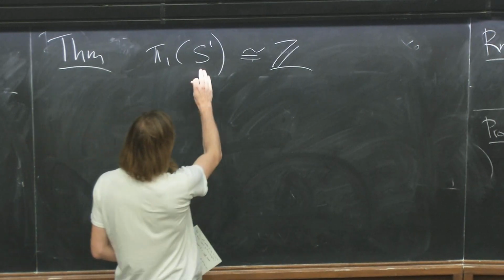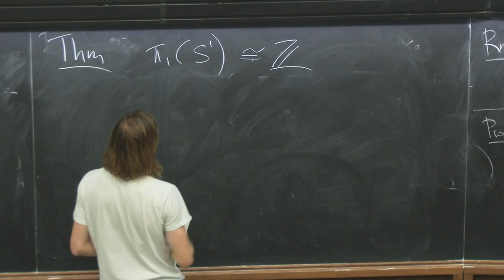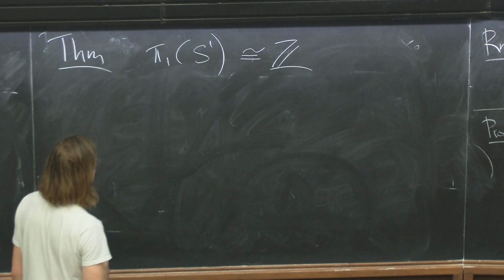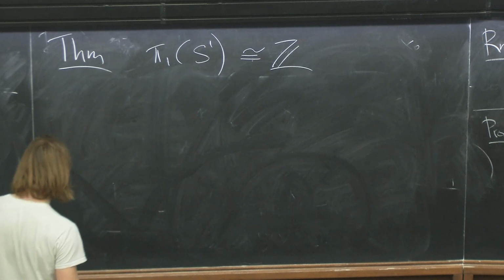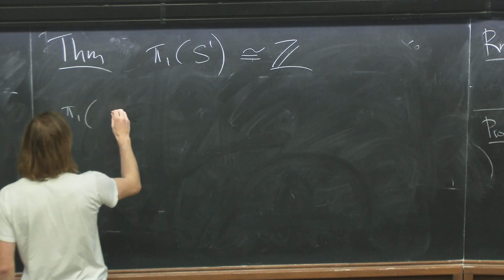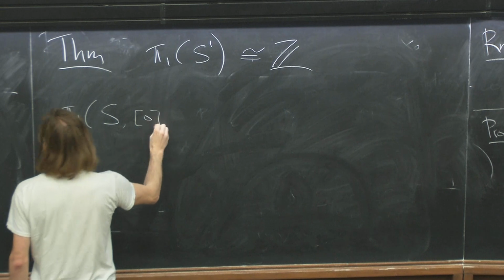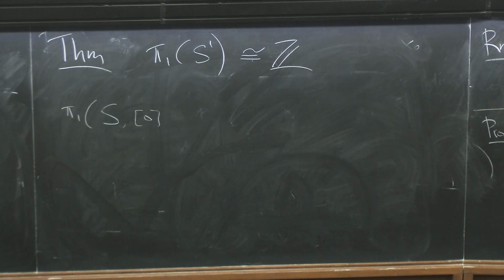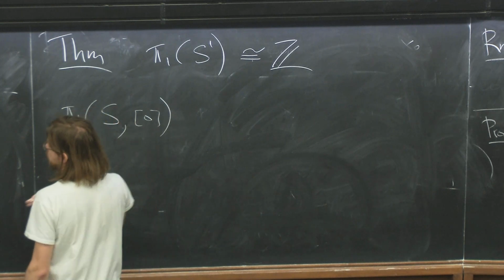S1 is path connected, so up to isomorphism we can suppress the explicit choice of base point, but in principle we can also choose a natural base point. In this representation of S1, we choose the class of 0 in the quotient.